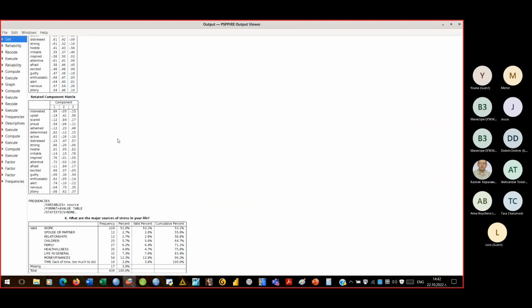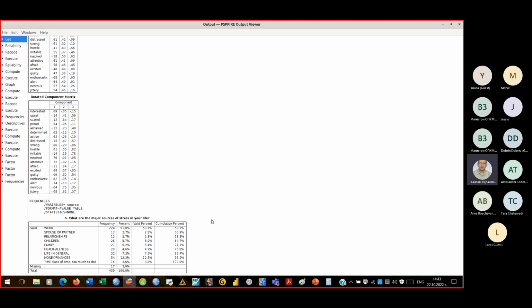So 224 persons are 51% from 439, and 224 persons are 53% from 422. This is the valid percent.